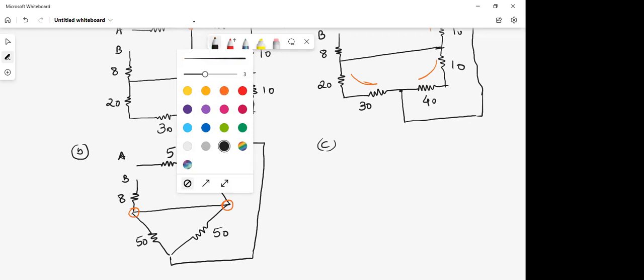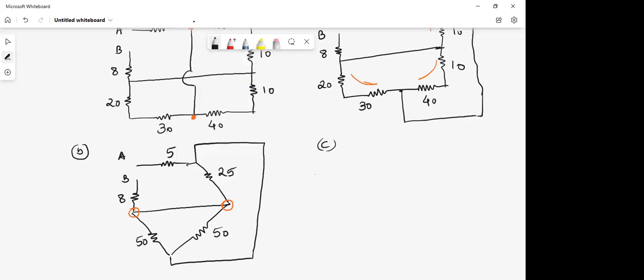And hence, our next step C will be, be careful. And these 2 orange colored circles are together since they are merged.